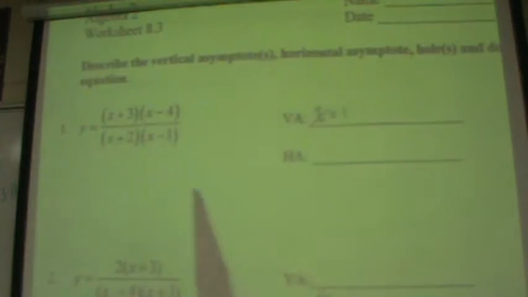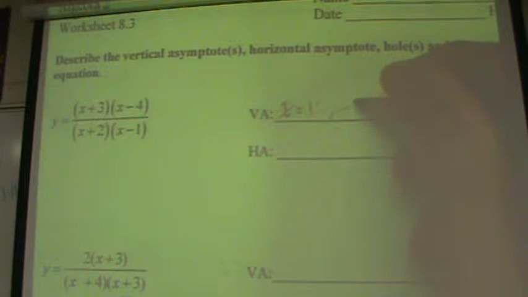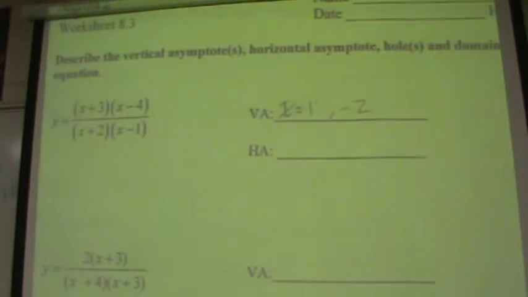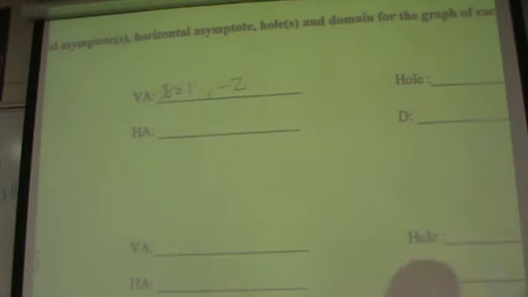And then the other one is just going to be x minus 2. Alright, your domain is just going to be the same as the other ones: whatever you get for your asymptote is what the domain can't be.